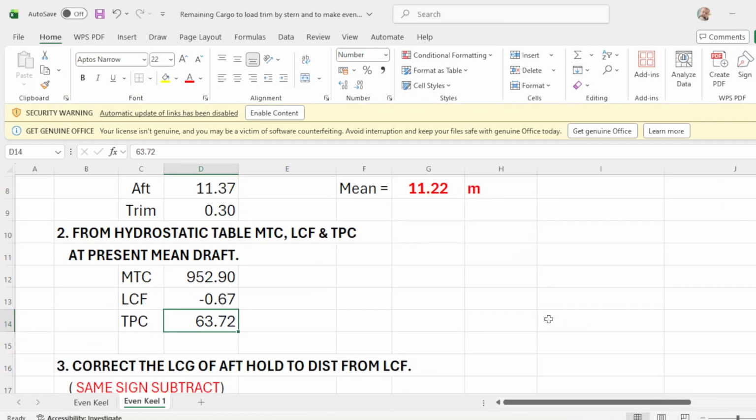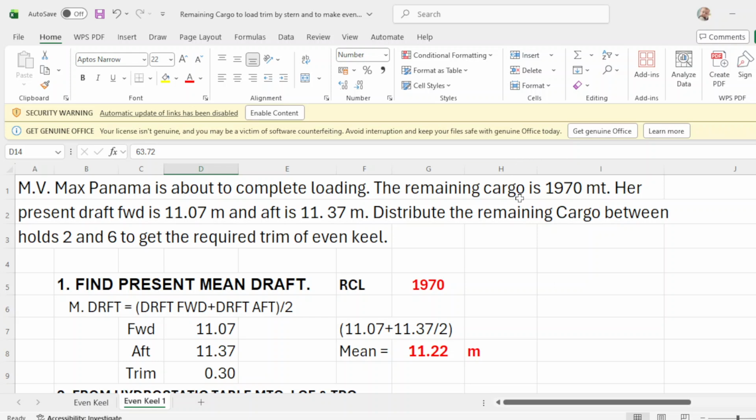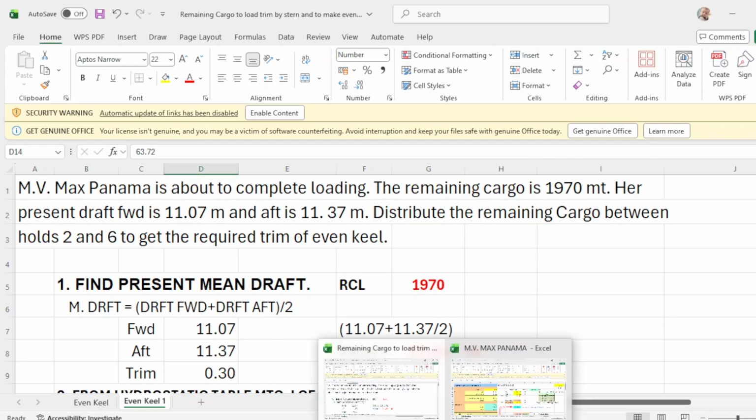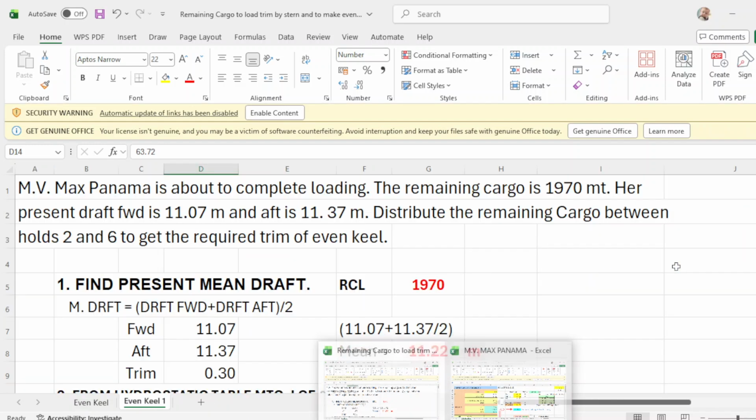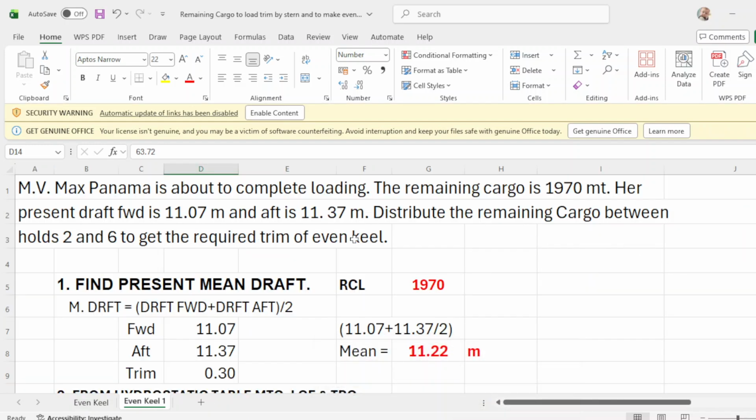The remaining cargo to load is 1970, but it doesn't say how much is your departure draft, right? It only says that the remaining cargo to load is 1970, but doesn't say what your departure draft or target draft is. It's only this remaining cargo.